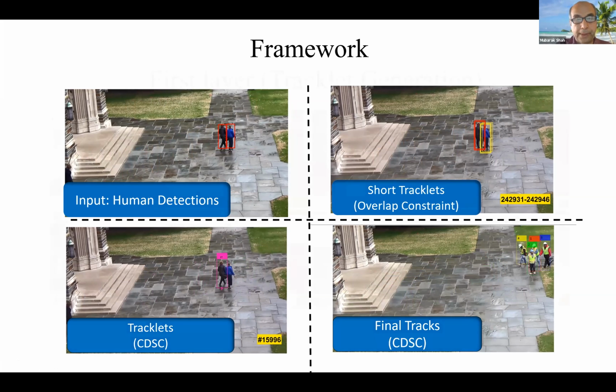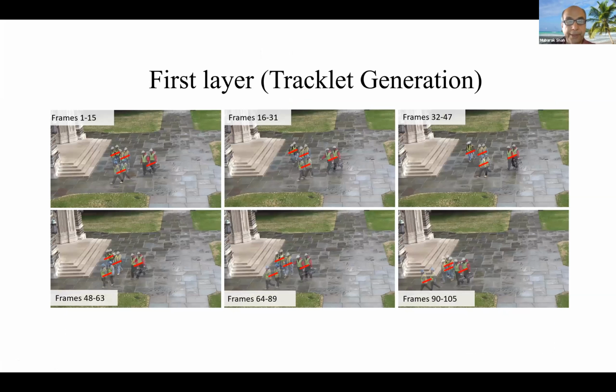Now, a little more detail. These are the different segments, each 15 frames long, and we just apply the overlapping constraint: whatever is close to the previous frame, we associate and get these short tracklets.